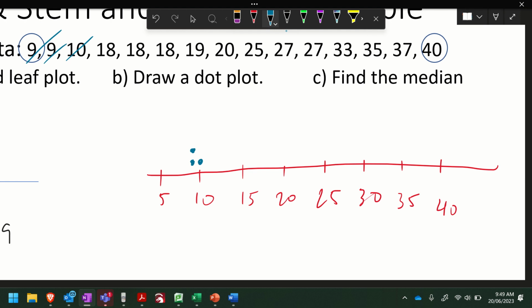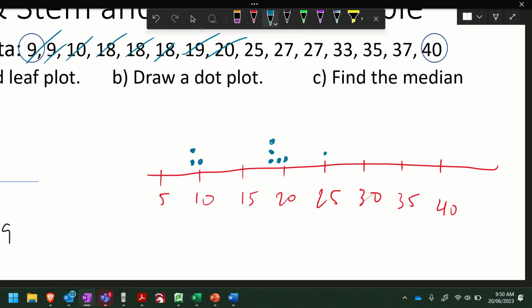How many 18s? 3. So find out where is 18 in my number line. Well, if that's 17.5, 18 is probably here somewhere. So you got 1, 2, 3 dots on 18. You've got 1 on 19, which is just before the 20. So that means 19 is right there. And then you've got 1 right on 20. So you've got 1 right there. 1 on 25.